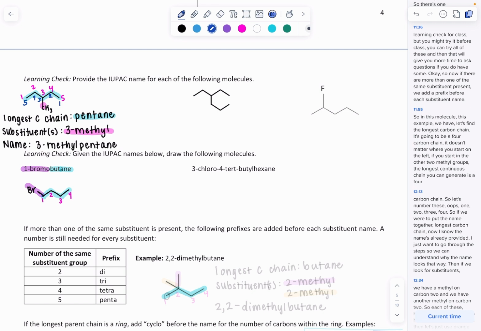It doesn't matter where you start on the left. If you start in the other 2 methyl groups, the longest continuous chain you can generate is a 4-carbon chain. So let's number these. 1, 2, 3, 4.